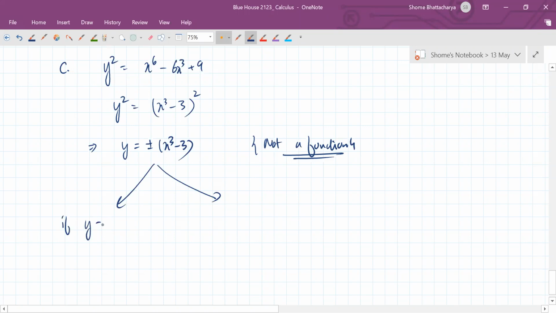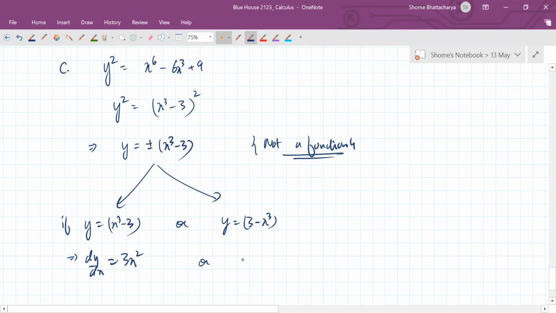If we say y is equal to x cube minus 3, then we have a possible derivative. And on the other hand, if we say y is equal to 3 minus x cube, because it's minus of x cube minus 3, then we have another answer. So if this is the case, then our answer for dy by dx, by differentiating this, we'll get 3x square.